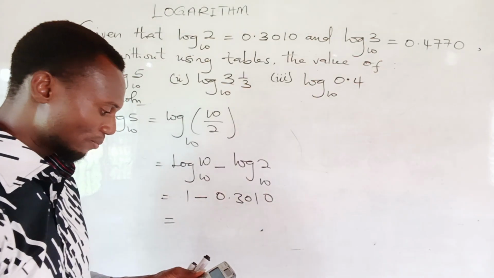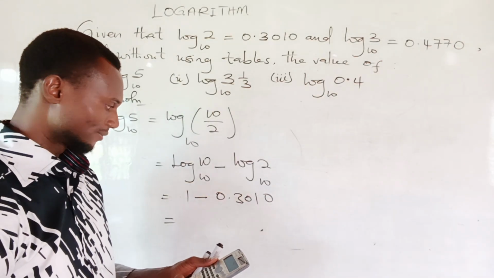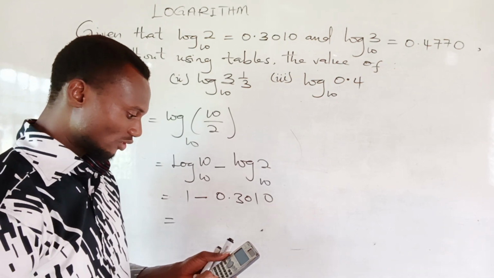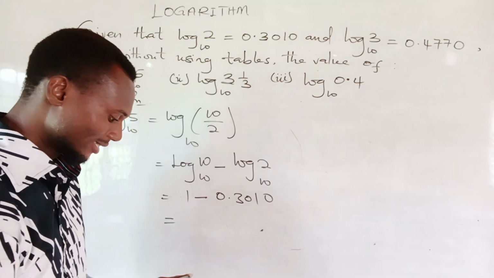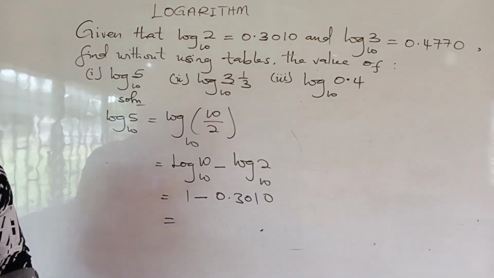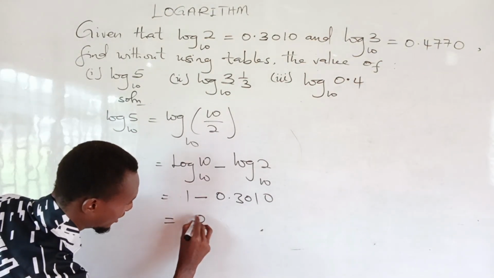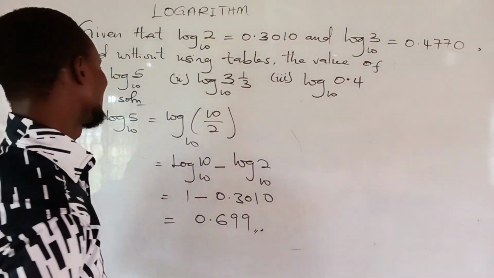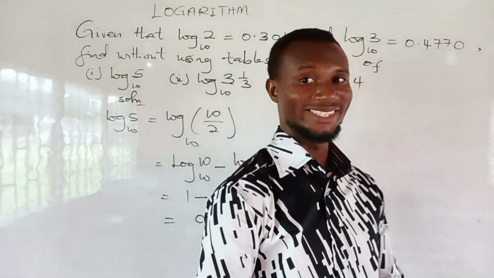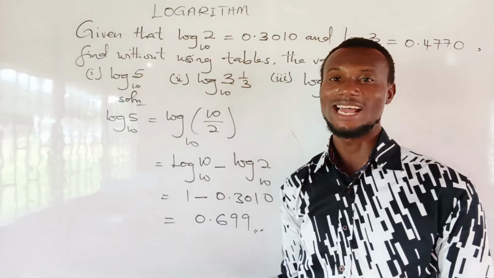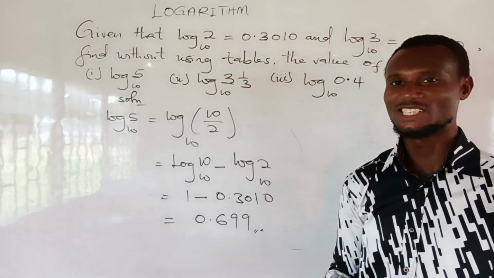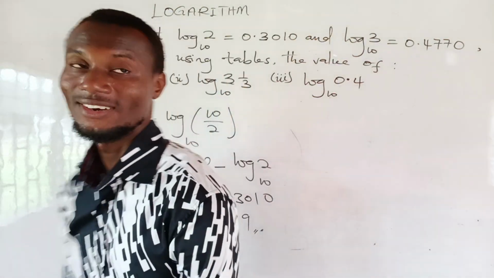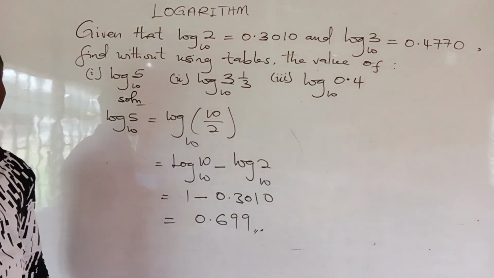So I have 1 minus 0.3010, and that is going to give 0.699. So your final answer is going to be 0.699. So that is the value of log 5 to the base 10. As simple as that. I hope the explanation was clear enough and you understood it as well. Let's proceed and tackle the II as well.